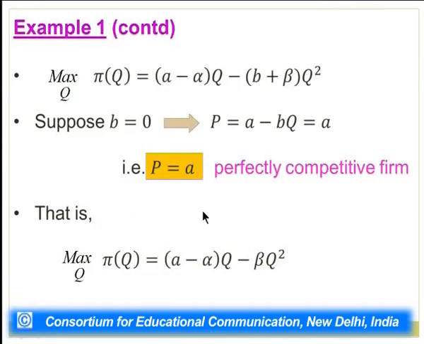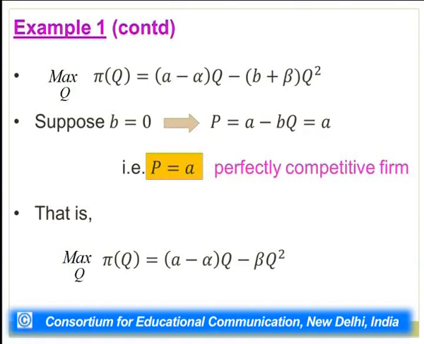Now we're going to have a little bit of a variation. Let's bring in a little twist to this problem. So our initial problem was maximize pi of q with respect to q, where pi of q is given by (A minus alpha) times q minus (B plus beta) times q square. Let's assume that in the inverse demand function p equal to A minus bq, the price is now given as A. That is to say, B is equal to 0.